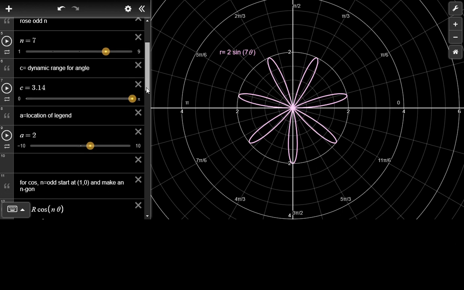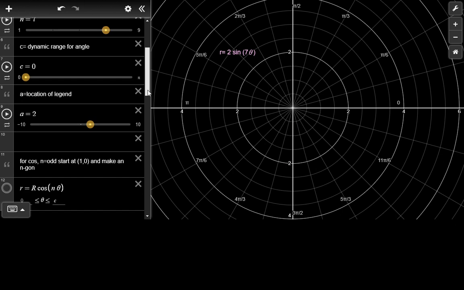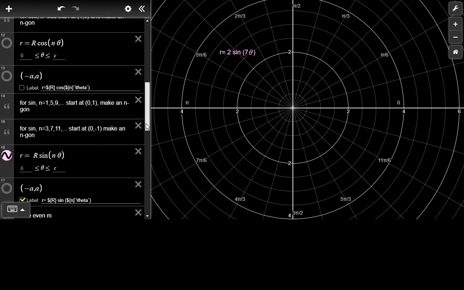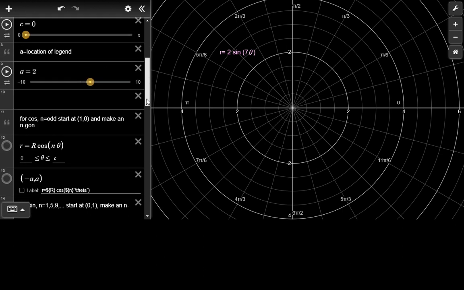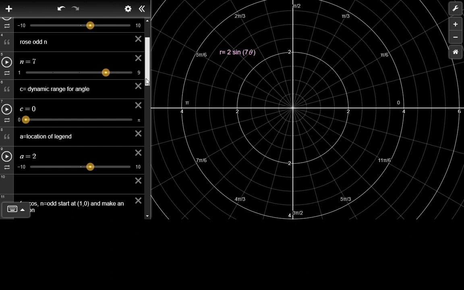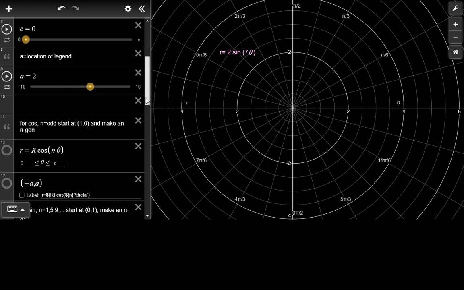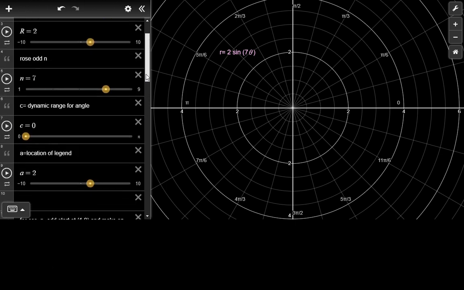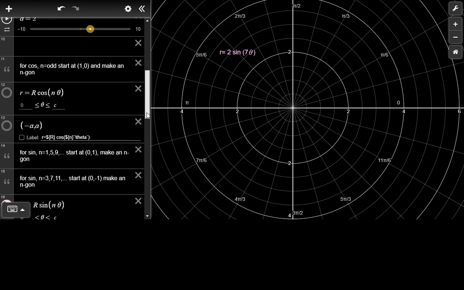Okay, so we did several examples of these. Now let's go ahead and take a look at cosine. I forgot to erase the legend of my picture.